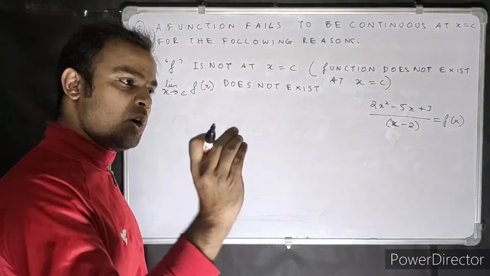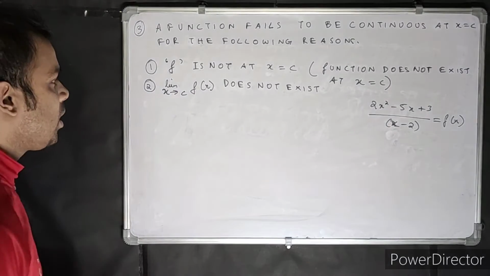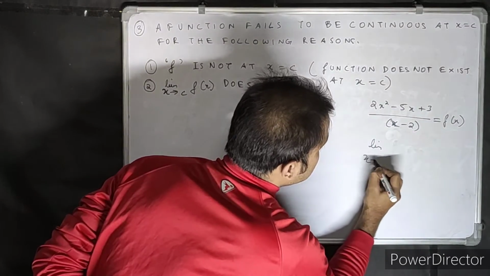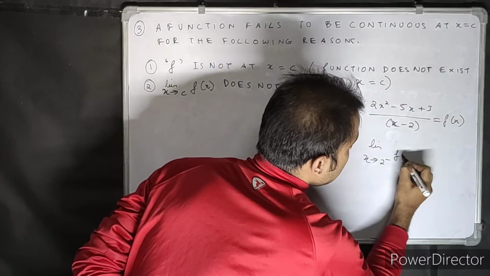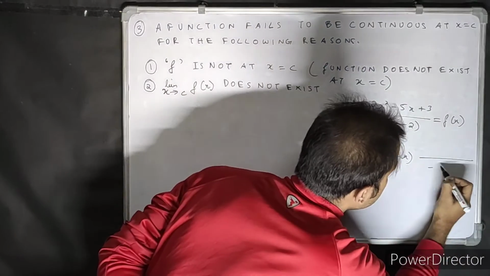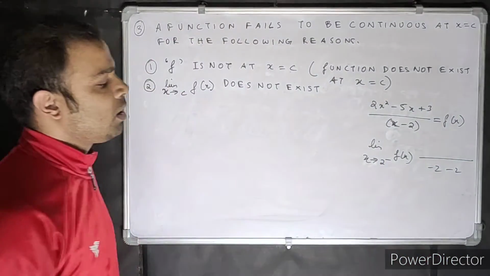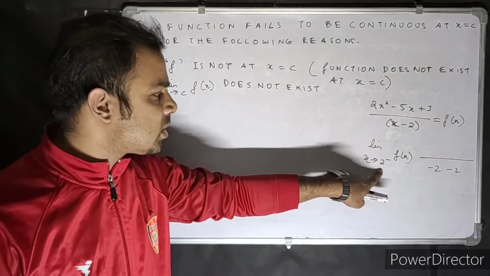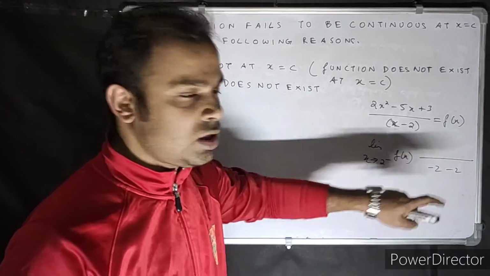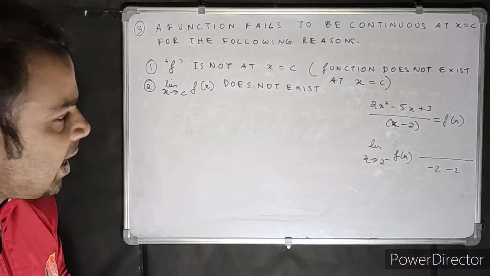You're just putting the positive value, you're not putting negative values. If you write limit of x tends to 2 minus f of x and you put minus 2, that's wrong. You cannot put minus 2 because it's approaching from the left hand side. It's not a negative 2. You have to put a positive 2 only. So don't make that mistake.